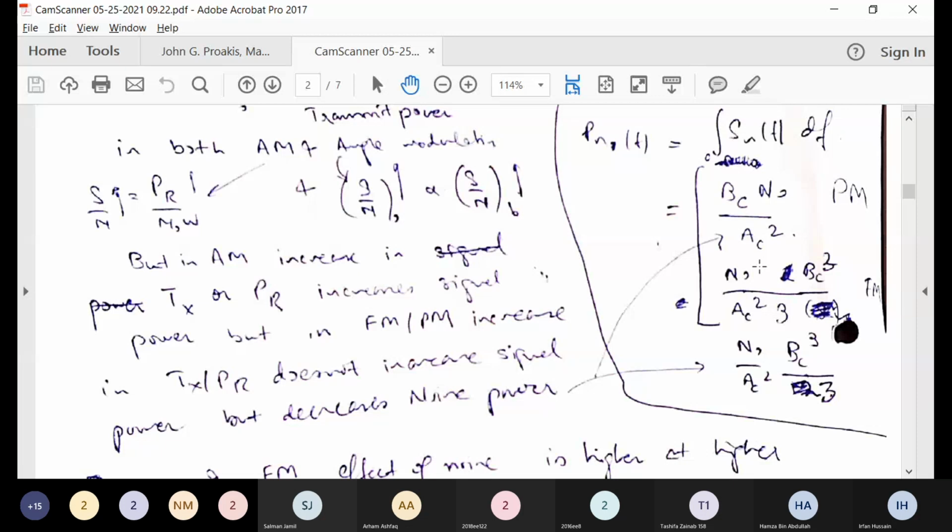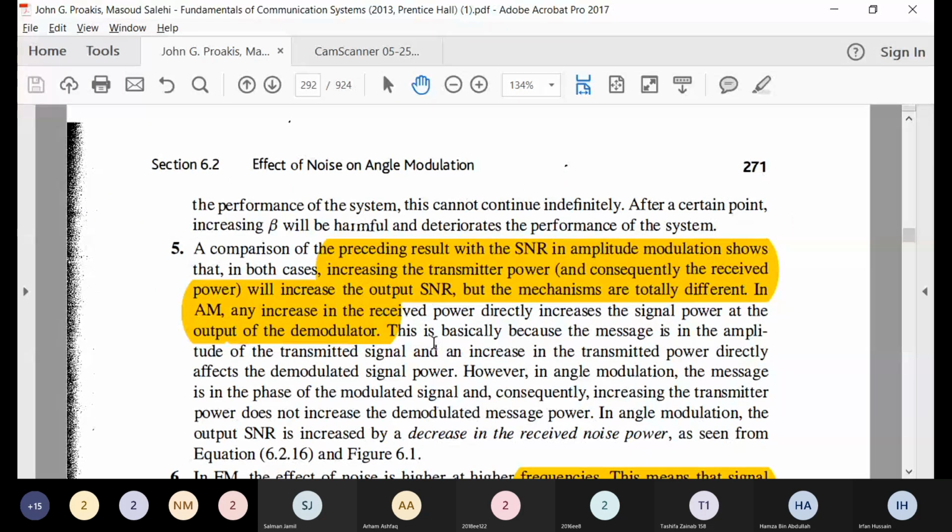While in case of AM systems, you could very well see that once you increase the transmit power, you increase the transmitted signal's amplitude, and that directly results in the increase in the received power. As you can see in the various relationships, your receive power will be increasing because your transmit power is increasing, and hence your signal to noise ratio will increase. In angle modulation, the message is in the phase.